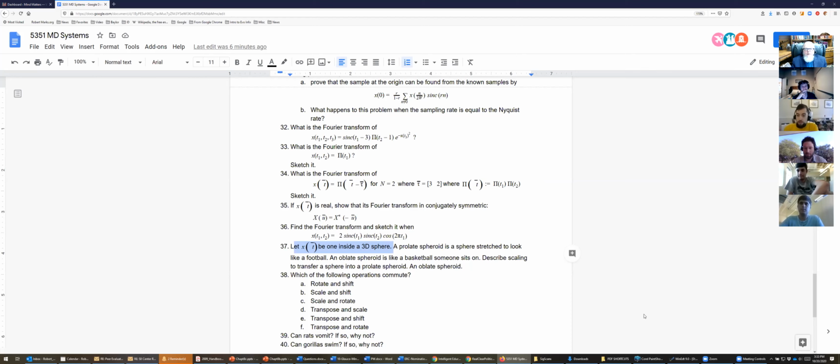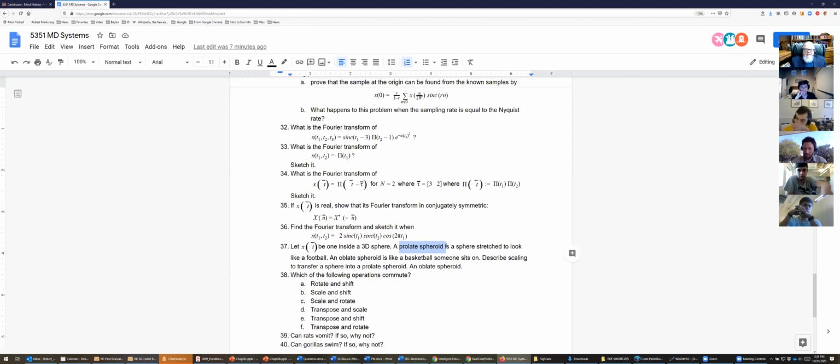And a prolate spheroid, this is interesting because you think if you distort a sphere, that there's only one way to distort a sphere. But that indeed is not the case. There's two ways to distort a sphere. One is the prolate spheroid, which basically takes the sphere and kind of stretches it out on one side, much like a football.